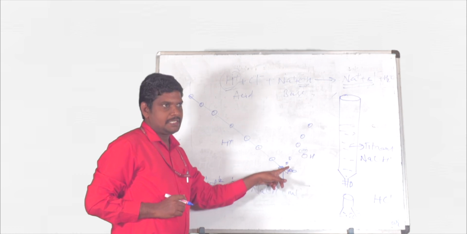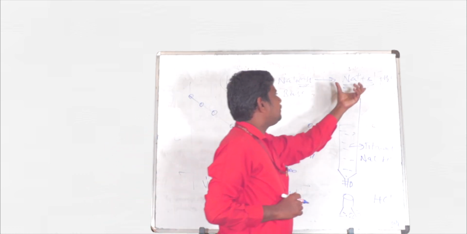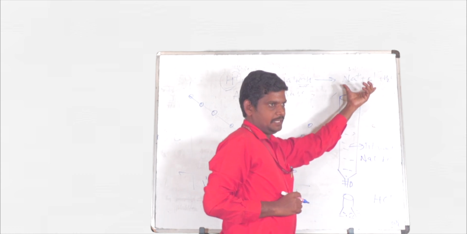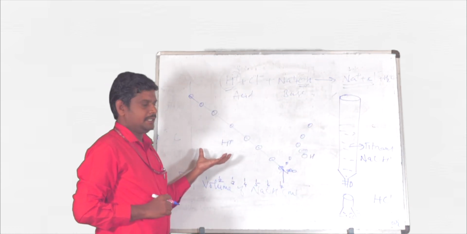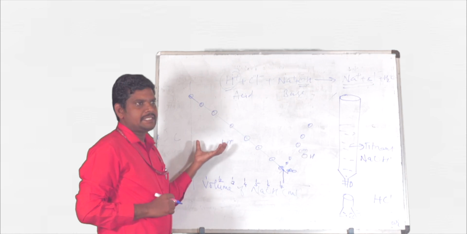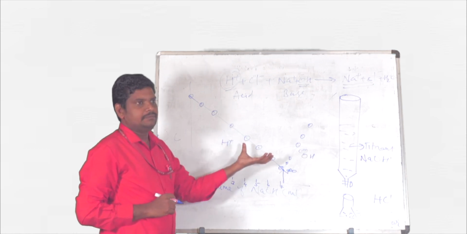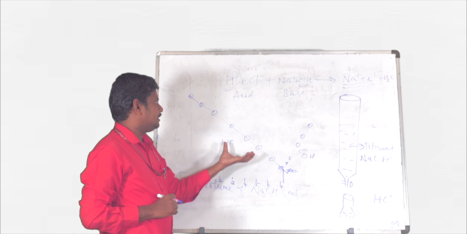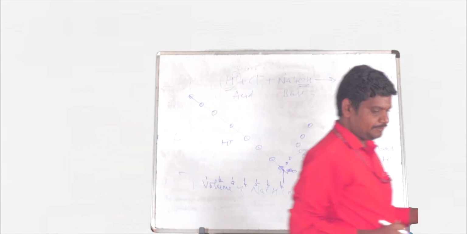We could not expect zero conductance at the neutralization point, because of the existence of Na plus and Cl minus ions. So, even in the absence of indicators, we are able to determine the strength of the given acid using conductometric titrations.